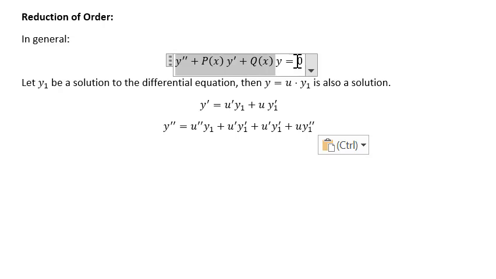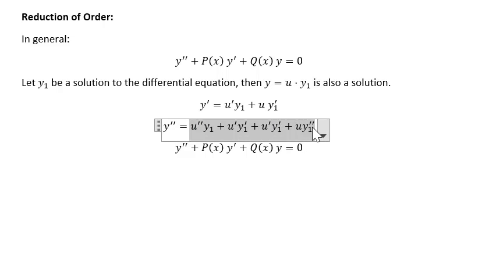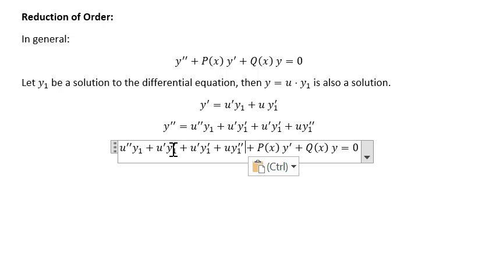And so what we want to do is replace our differential equation with the expressions that we found. So y double prime can get replaced with all that stuff in y double prime.